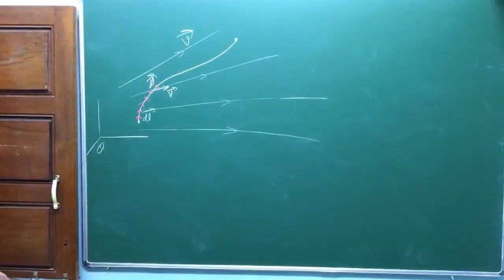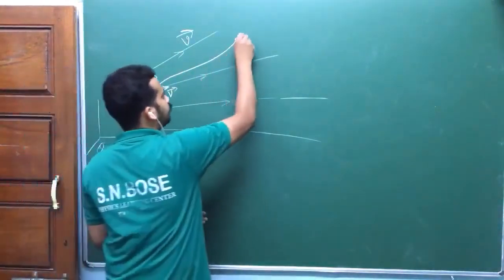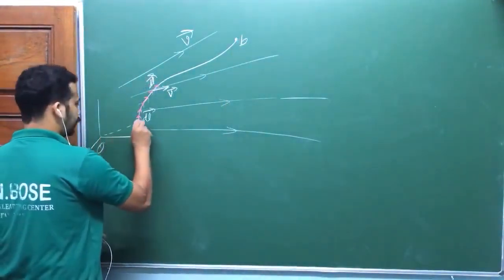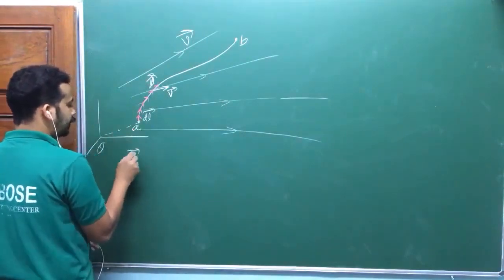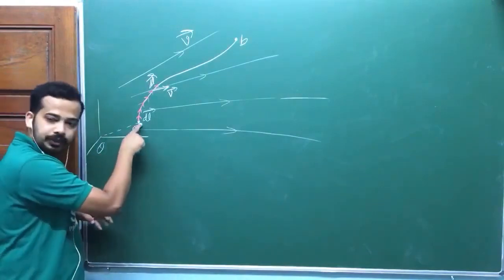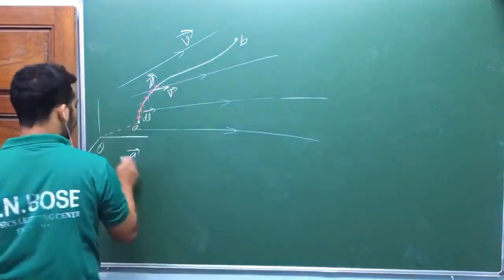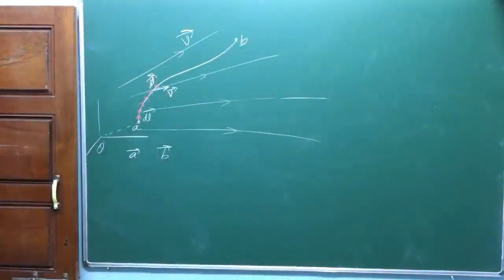At each and every point of that line from A to B, you can represent a point by a position vector. A vector is the position vector of point A, and B vector is the position vector of point B.